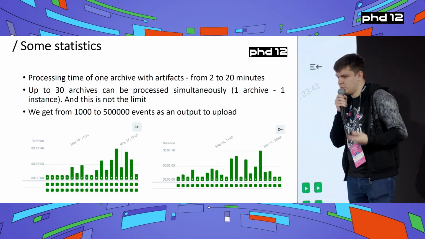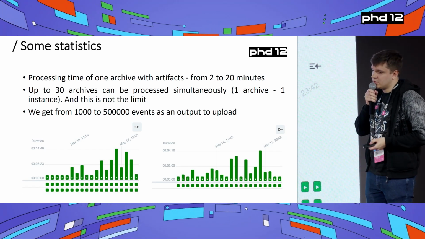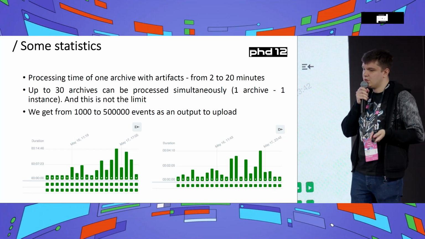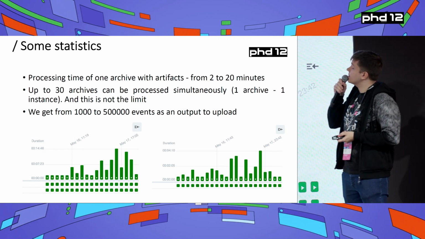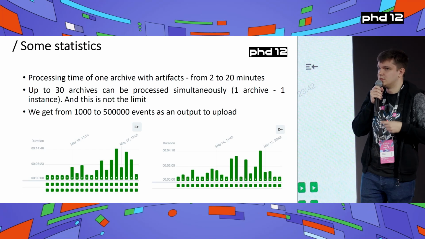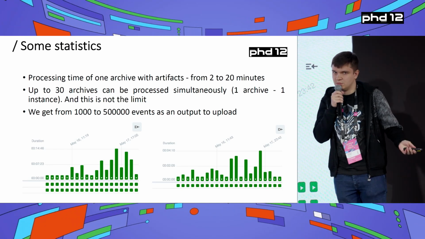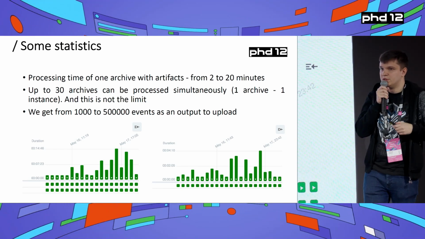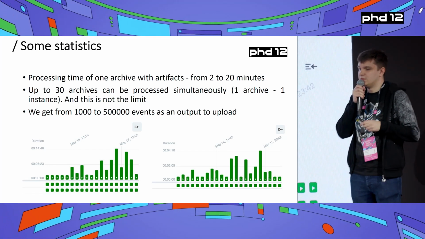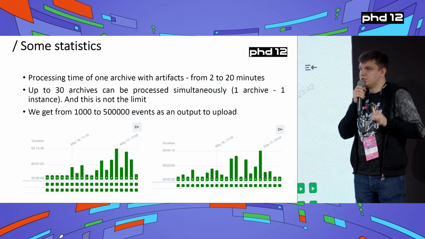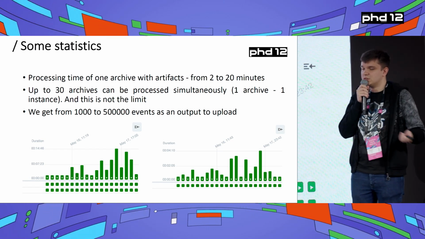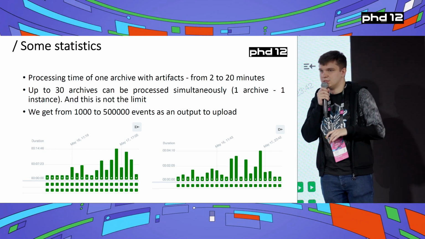Now a few words about the statistics. So we run that system using artifacts, and we added dozens and single units, and processing time of one archive with artifacts may take from 2 to 30 minutes. Most of the problems would be caused by such big artifacts as MFT or EVTX logs, which may contain a lot of data.